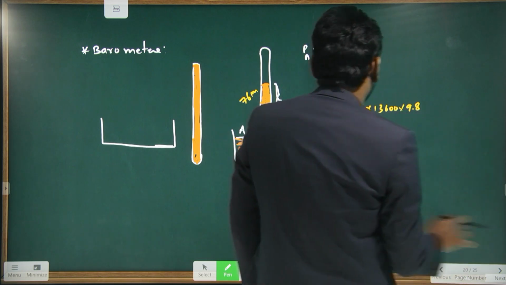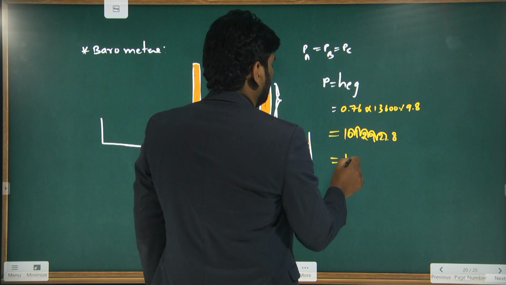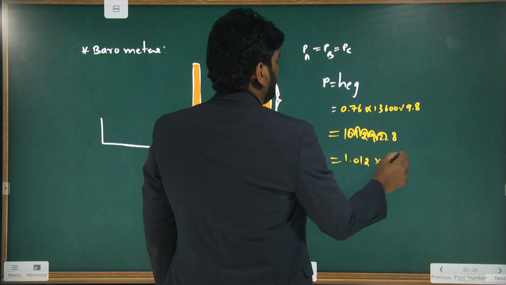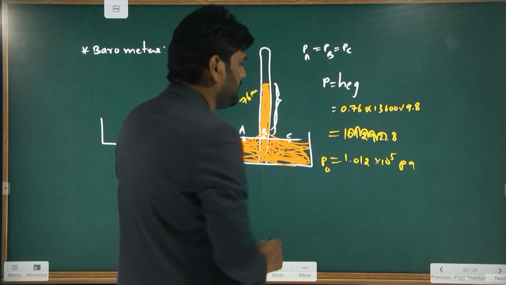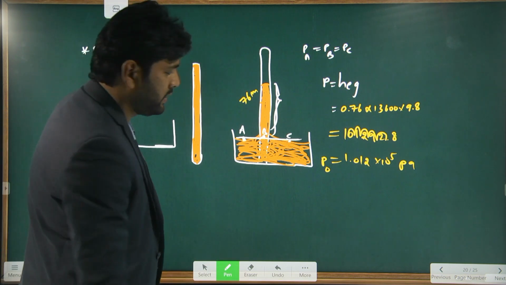So you can write this as 1.012 into 10 power 5 Pascal. So this is your atmospheric pressure. It is approximately 10 power 5 Pascals.